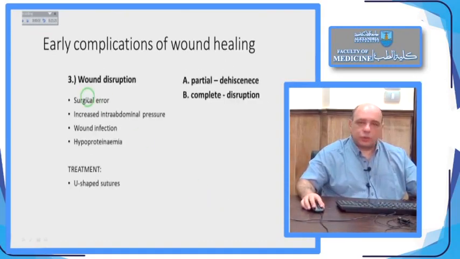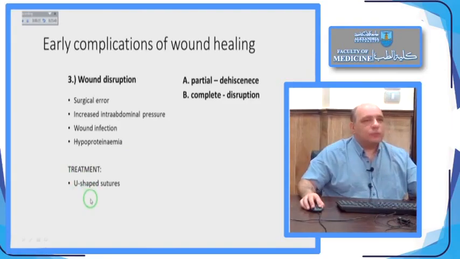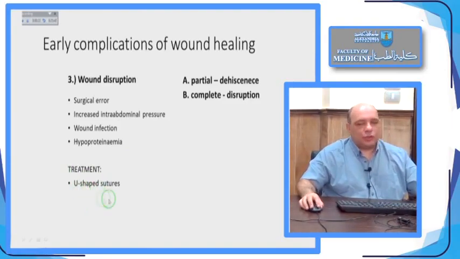Wound disruption may be partial or complete, but its cause may be surgical error, increased intra-abdominal pressure in case of a wound in the abdomen, wound infection, or hypoproteinemia. And the treatment usually is resuturing with wide U-shaped sutures.